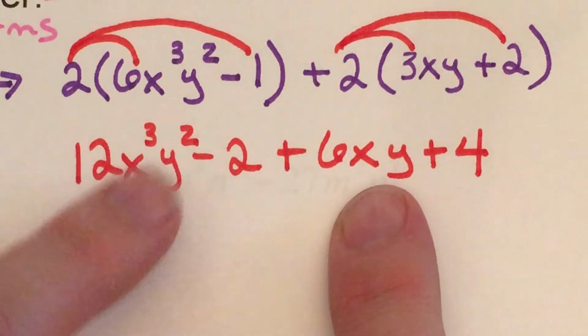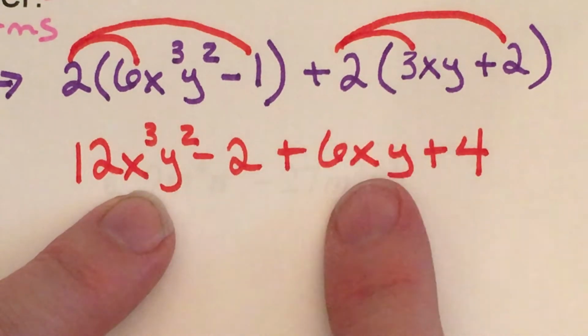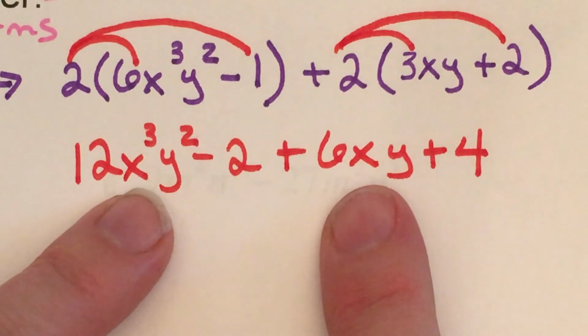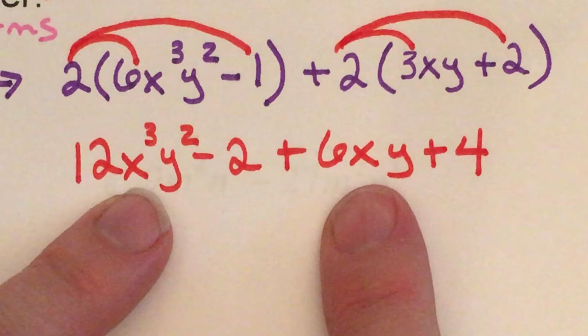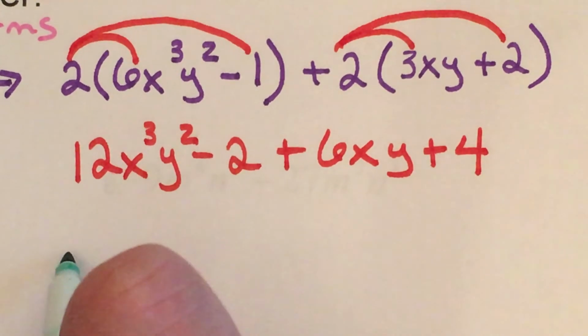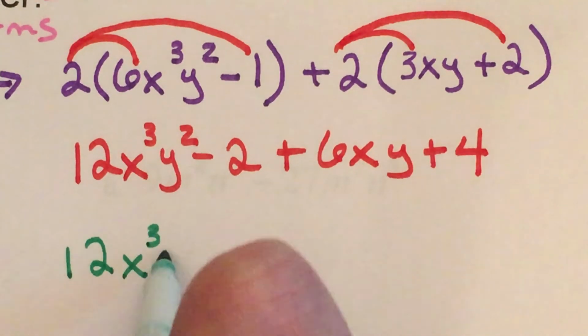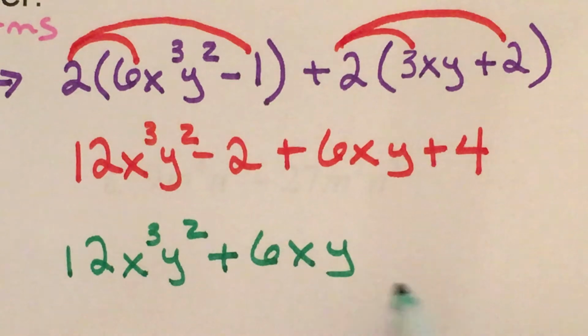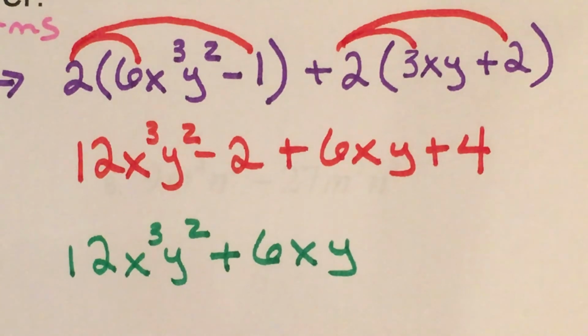This has exponents, and this doesn't. It's the same letters, yes, but the exponents do not match. They must be exactly the same. So I cannot combine them. I'm going to write them: 12x cubed y squared plus 6xy. But I cannot make that 18.